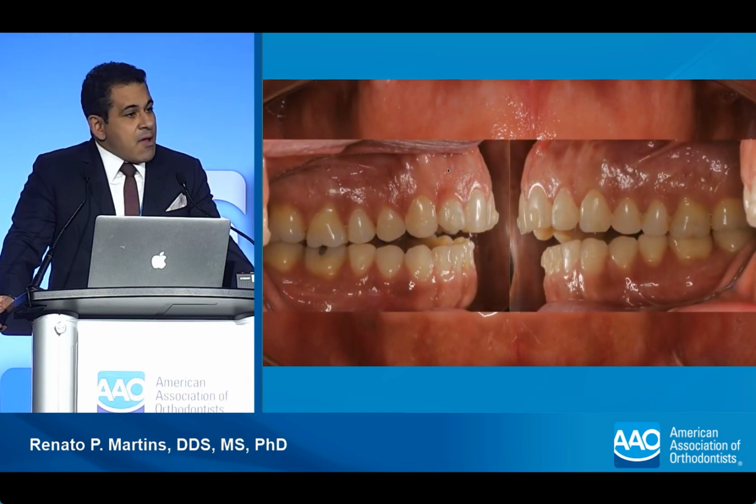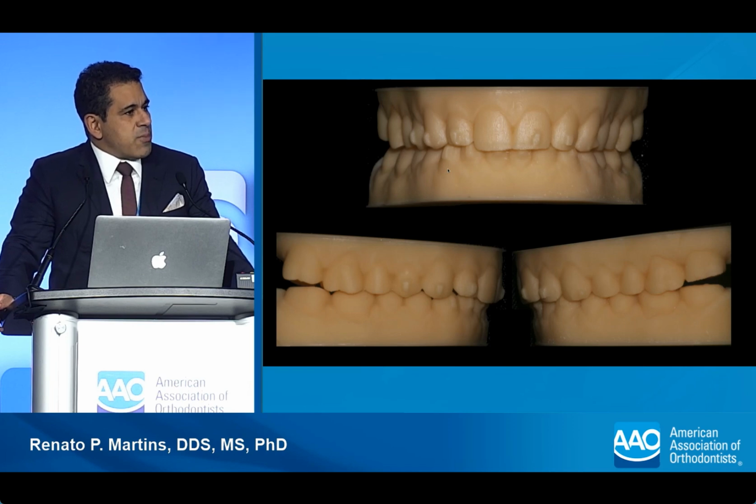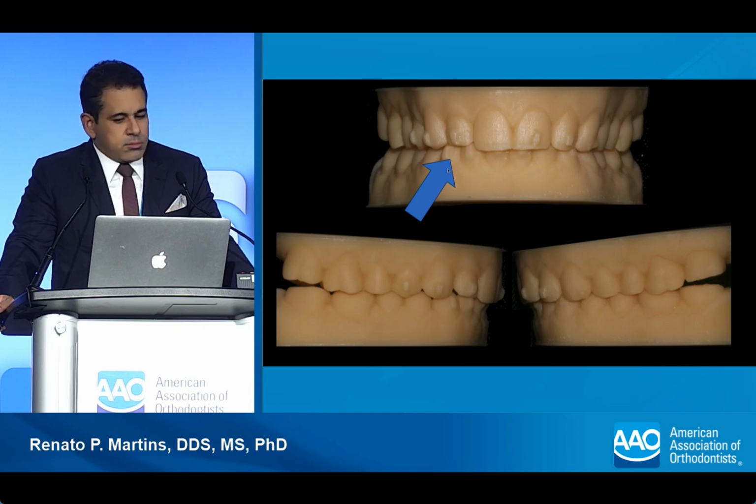And everything went well. So what did I do? I took a scan, printed in my little printer in my office, and I could fit very well the occlusion. So that means I can send her off to have the surgical procedure. But look at the lateral. The lateral is still there. It never extruded.